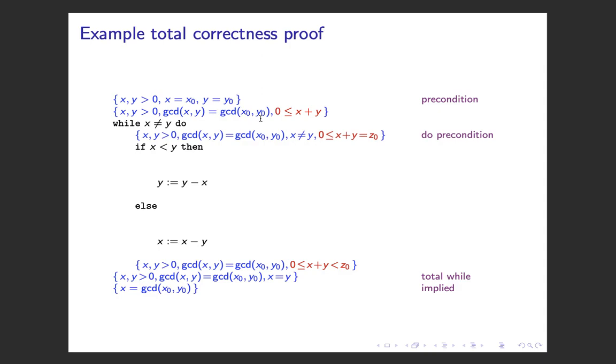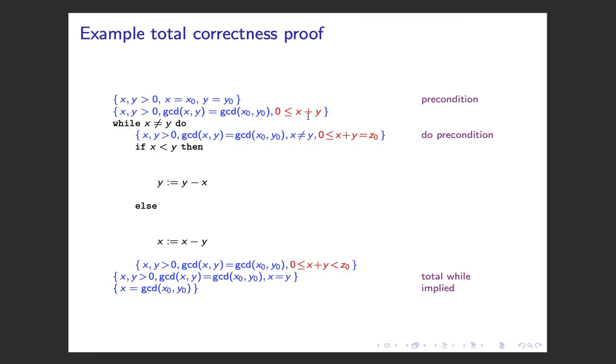And the variant: we want a value that is greater than or equal to 0, but is going to strictly decrease every time we go through the body of the while loop. One such simple value is just the sum of the variables x and y. So that expression E, this arithmetic expression x plus y, is our variant.